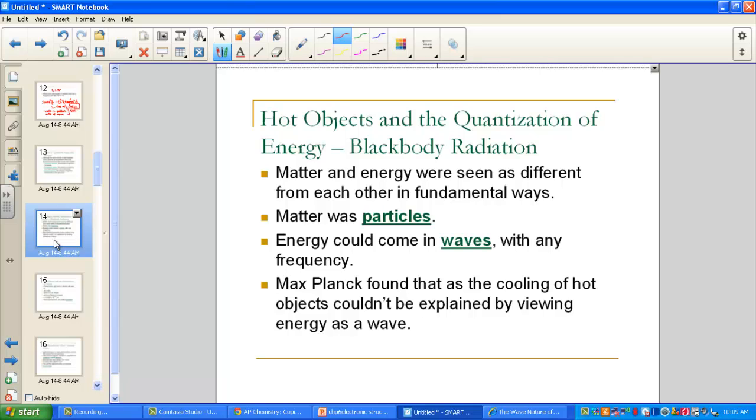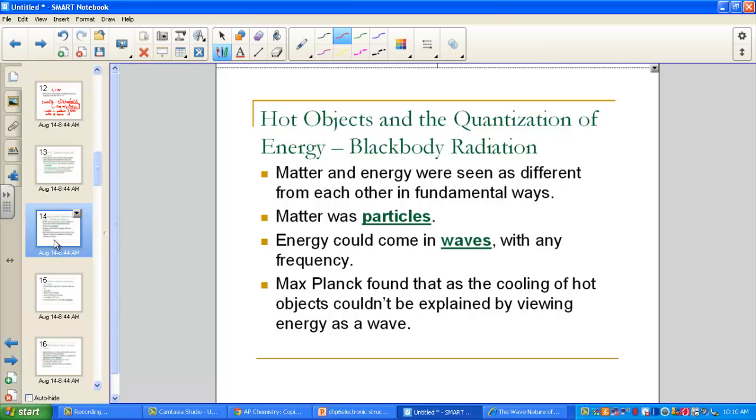So in 1900, we had a German physicist named Max Planck. I think we've Americanized the pronunciation, so you'll hear it either way. He solved the problem by making one daring assumption. He assumed that energy can be either released or absorbed by atoms, but only in discrete chunks of some minimum amount of energy he termed a quantum.